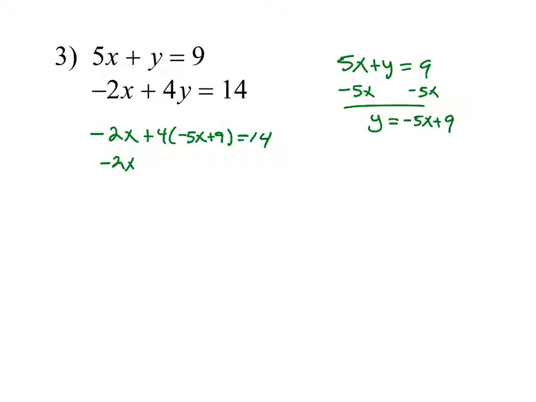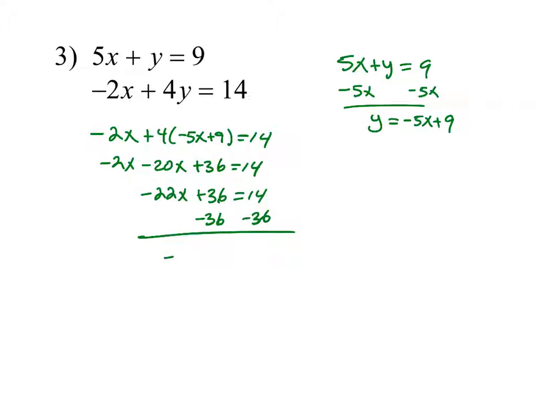So negative 2x minus 20x plus 36 equals 14. Negative 22x plus 36 equals 14, so negative 22x equals negative 22, and x equals 1.